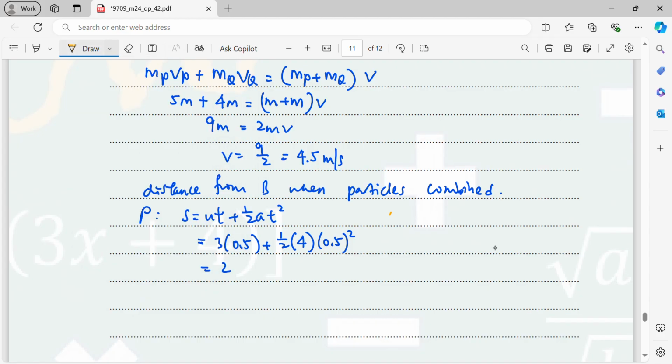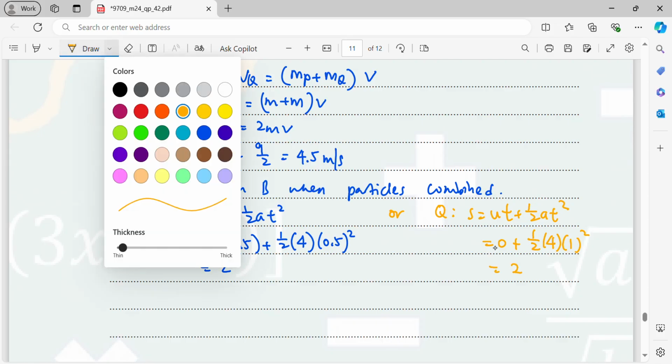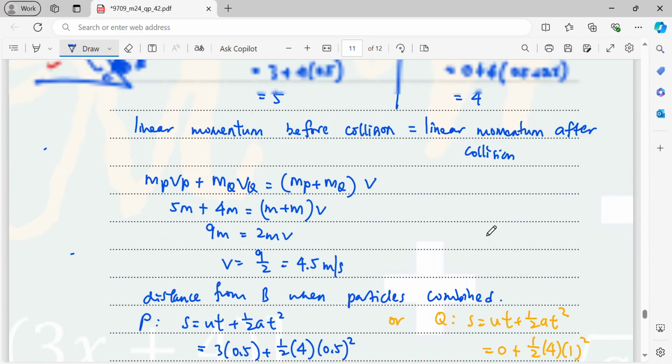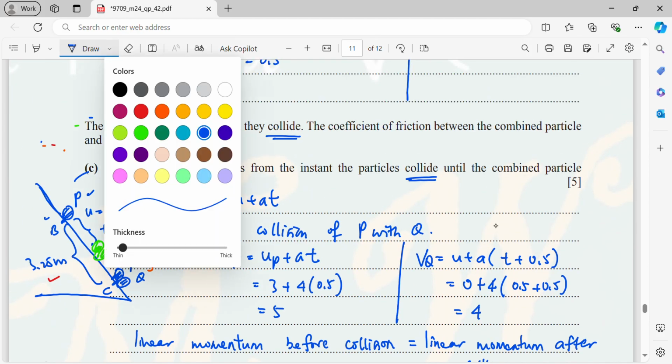So when you refer to Q, S equals to UT plus half AT squared, that will be 0 times 1. I will just write 0, because initially it was 0. Half 4 times 1 squared, that will be 2 as well. So then it means that it has traveled for 2 meters. The S is 2.